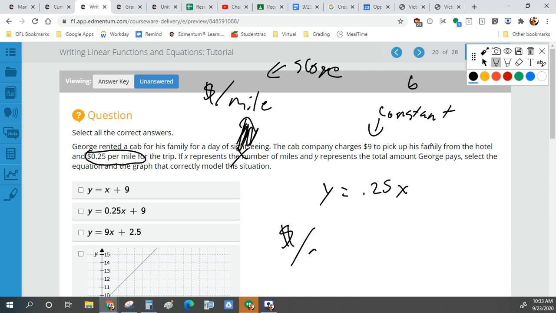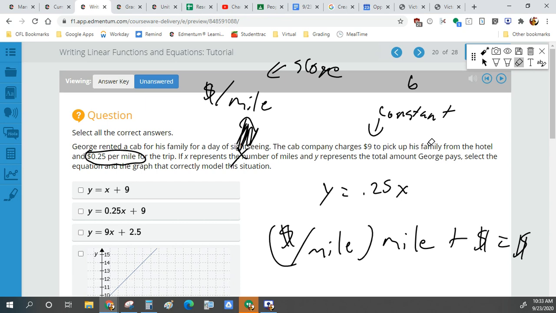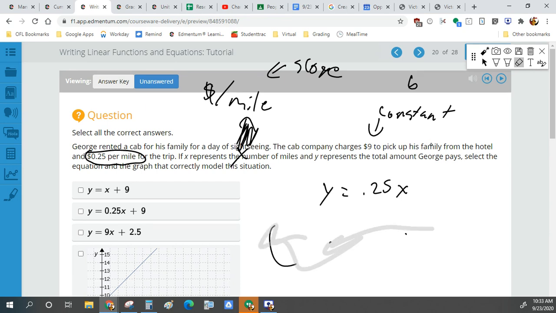We have dollars per mile, multiply it by miles, and we're adding another dollar amount. So our answer, our y, is going to be in dollars. And this is going to be plus our $9. So that's going to be this one right here.